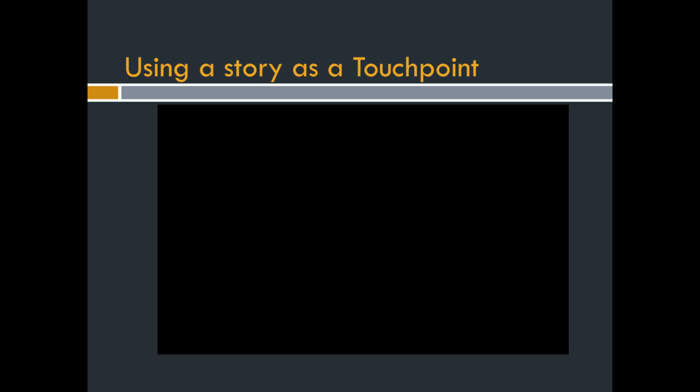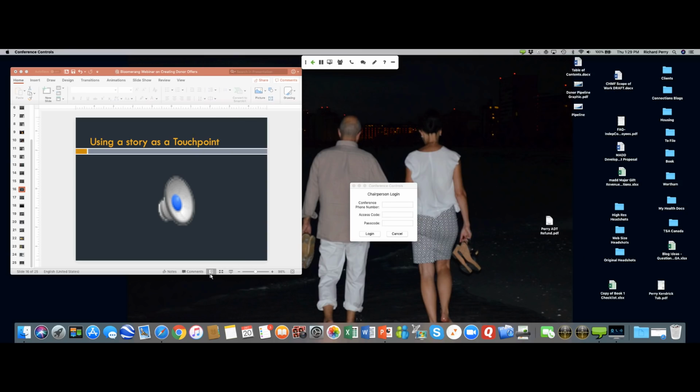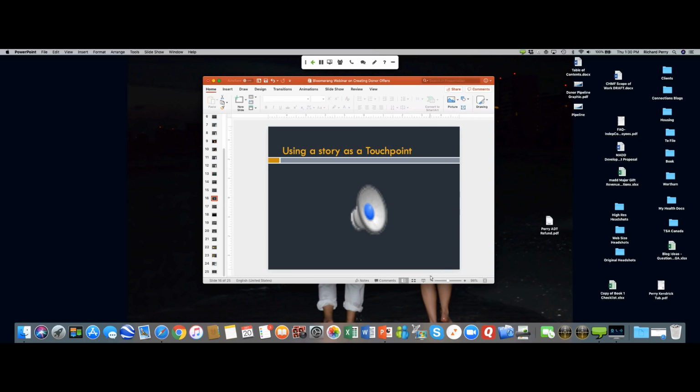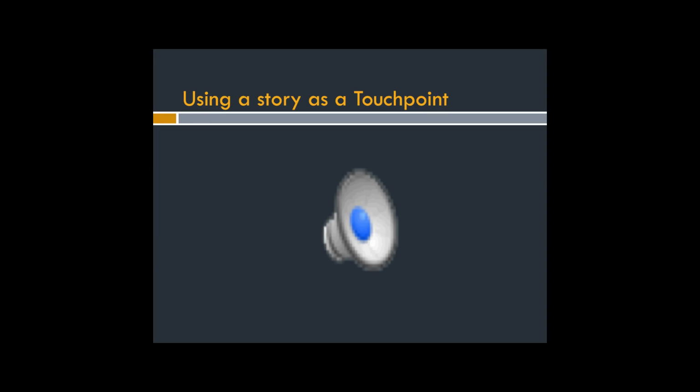While you're fueling the desire for the donor over time, you're going to be able to send things to them that are going to cause them to want to open up their hearts. And here's an example that we have found where on the surface, we're talking about a research hospital, but this is beautifully done, how they use emotion to connect with a donor. This is about the best quality we can do on this, but when you get the actual presentation, you'll have a lot better quality, so hang on with this.